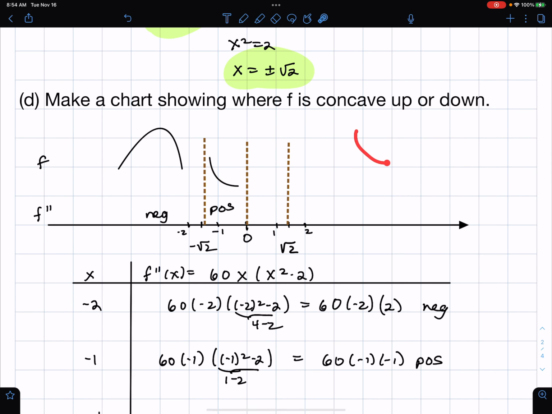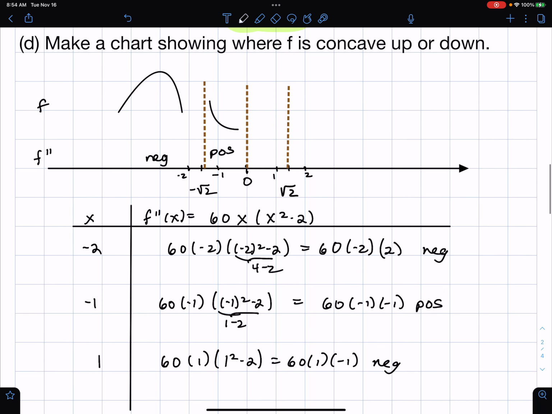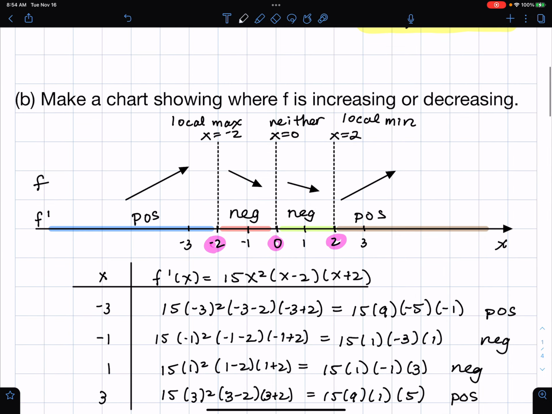Let's put in 1 here for x, from our next interval. That makes negative, and on this interval f is still decreasing. So when I write concave down, you can make the whole arc, but it's really only half of the arc because it's still decreasing on that interval. If you go back to the chart above, between 0 and 2, it's still decreasing.